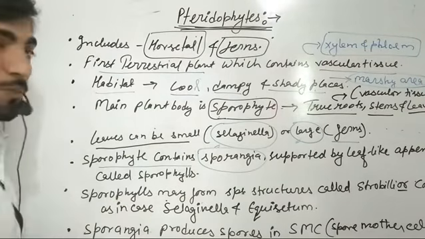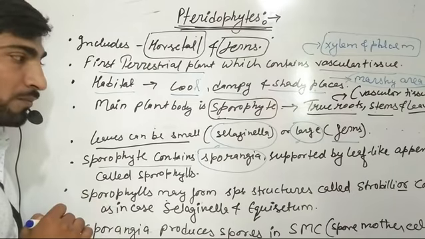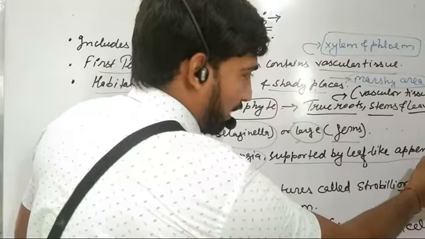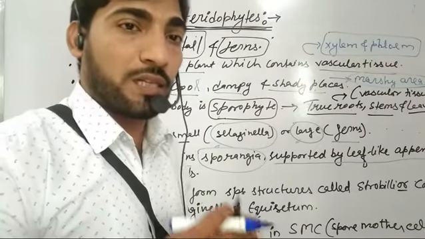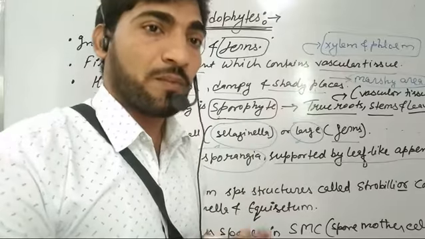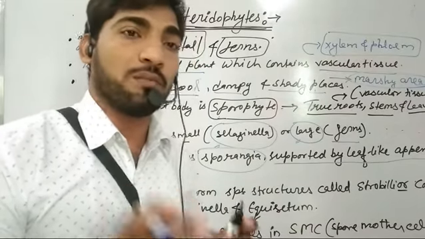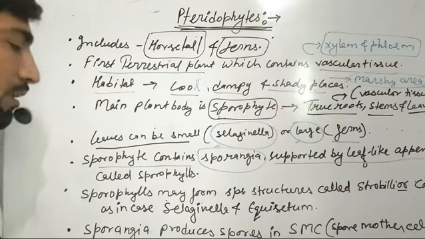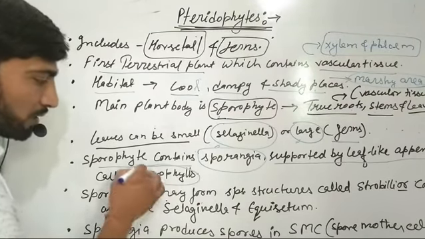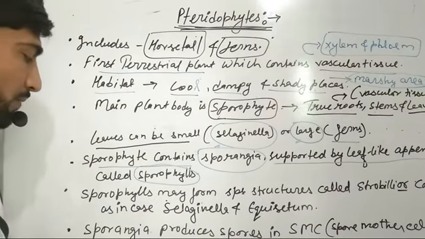This sporangia is present in the sporophyte, and it is supported by leaf-like appendages. These leaf-like appendages are known as sporophylls in pteridophytes.